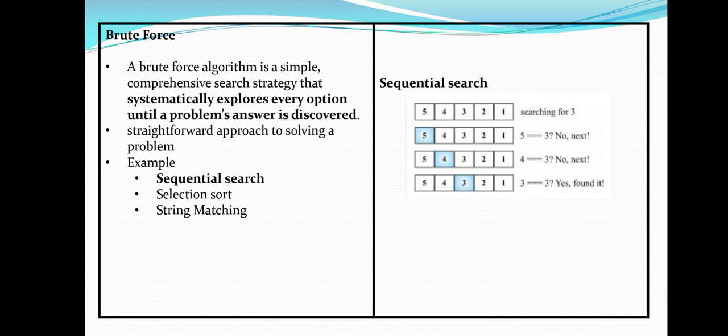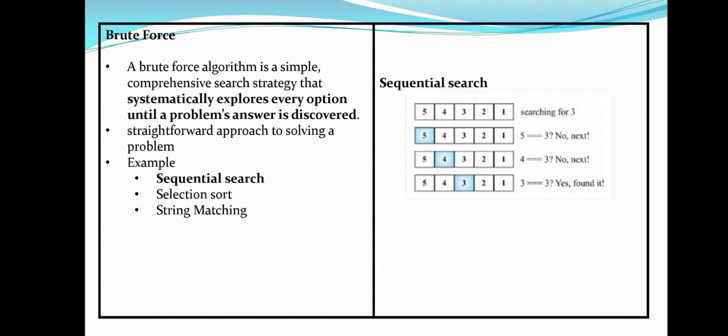First we compare the first element with the search element, where it is not matching. So it will go to the next element and compare whether it is matching or not. 4 is not 3, so it will go to the next element. 3 is equal to 3, so there is a match. It will return the particular position. This is how sequential search happens. There is no strategy in it.